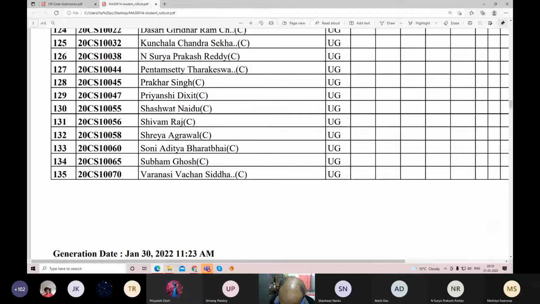Yes, sir. 128 Prakhar Singh present. 127. 126 present. 131 Shibam Raj is there. 132 Shreya Agarwal present. 133 Aditya present. 134 Shubham Ghosh present. 135 Bachchan Siddharth present, you are the group leader.